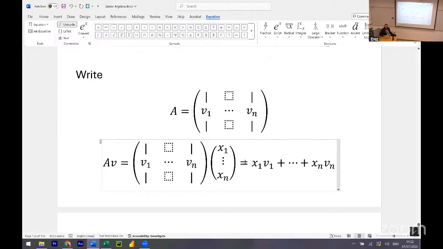What does it mean? Now we can look at it from a more mature perspective. What would you call this sum here? Scalar times vector plus a scalar times vector. Each V_i is a vector, a column.